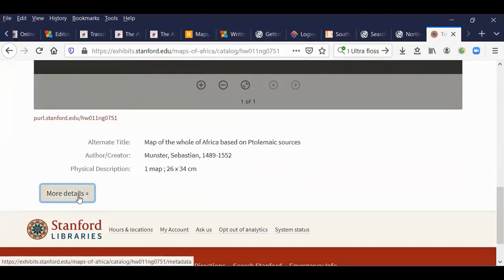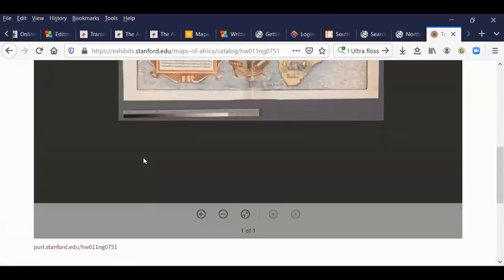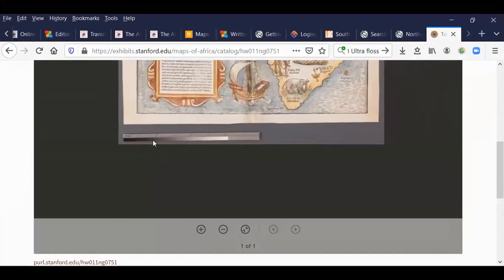Physical description here, click on more details. This is a map from 1542, so you can see it's well within the Portuguese period of domination in this area. And you can download the information here, close it out as well. So the Stanford collections are really quite interesting in this respect too.